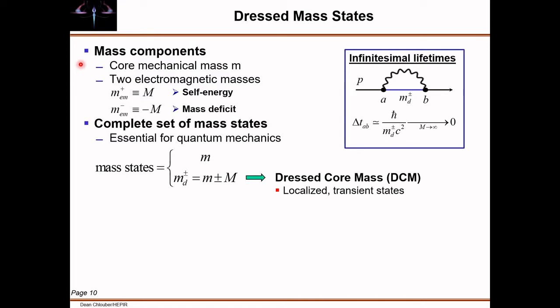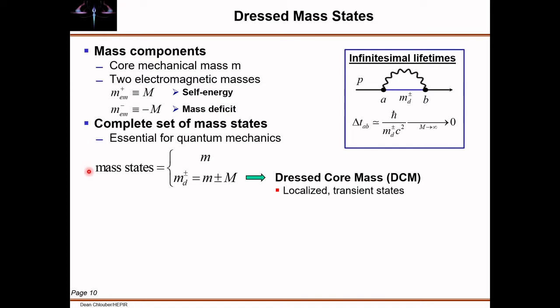We have a core mechanical mass M and two electromagnetic masses, a self-energy and a mass deficit. Now in quantum mechanics, it's important to have a complete set of states to adequately describe any physical system. In this case, we need a complete set of mass states.